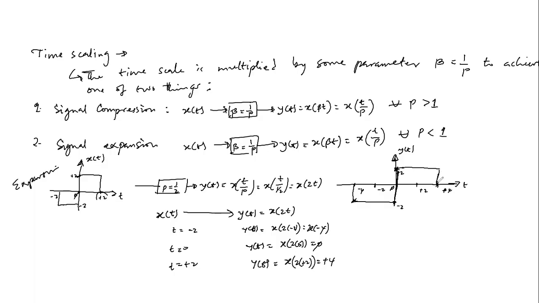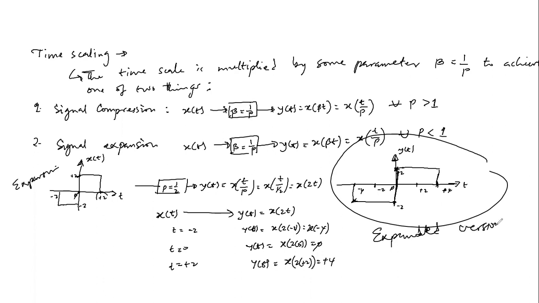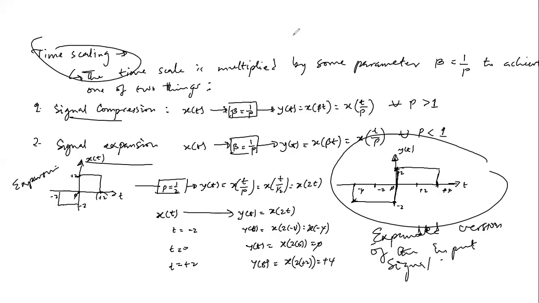So you can see this is an expanded version of the input signal. Hence, in order to perform compression and expansion on signals, what we need to do is to perform time scaling.